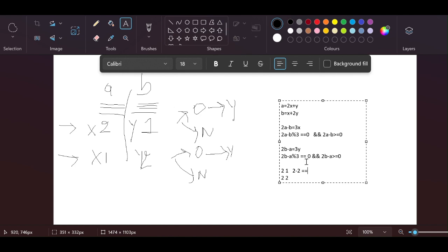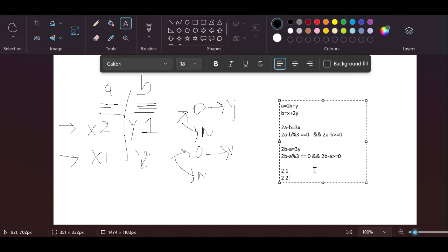So 2b minus 2 equal to 0 does satisfy our condition, right? So for input 2 and 1, yes, we can make the coin pills of a and b 0.